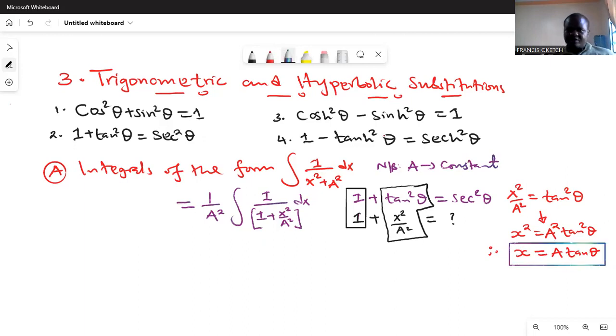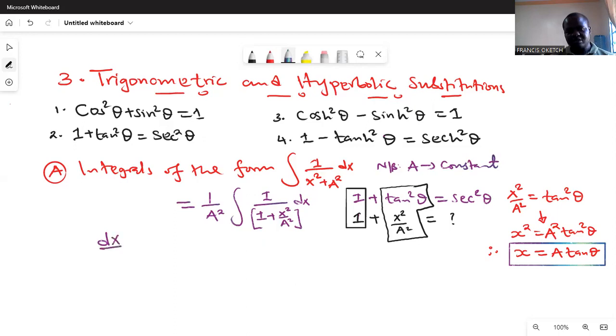When you have this form of integrals, to be able to work it out, you start by saying let x be equal to a tan theta. So what is the derivative of x? You have to find dx over d theta, because we must also know how the differential dx will change.